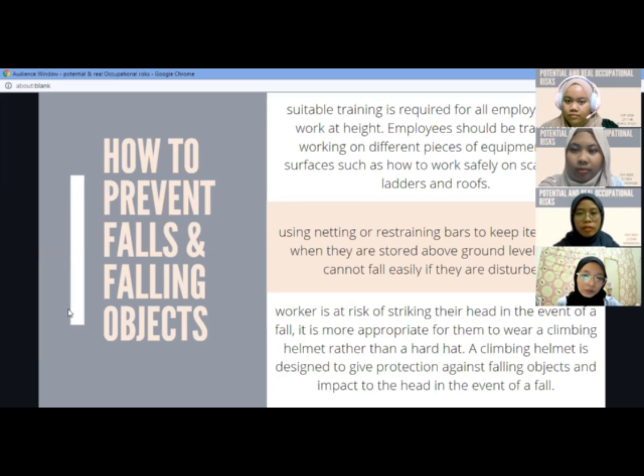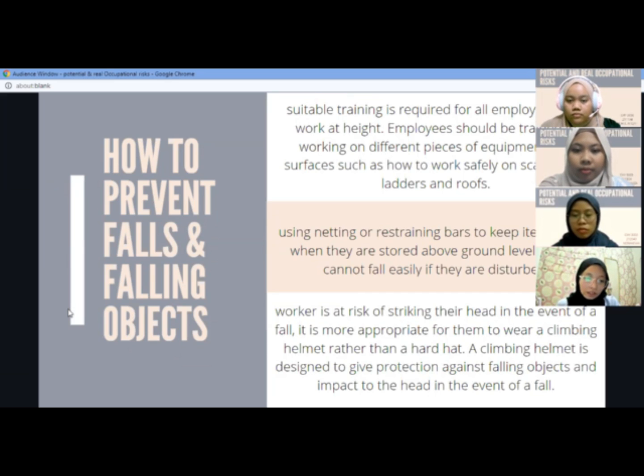Employees should be trained in working on different pieces of equipment and surface, such as how to work safely on scaffolding, ladders, and roof. Next, using netting or restraining bars to keep items placed when they are stored above ground level, so they cannot fall easily if they are disturbed.